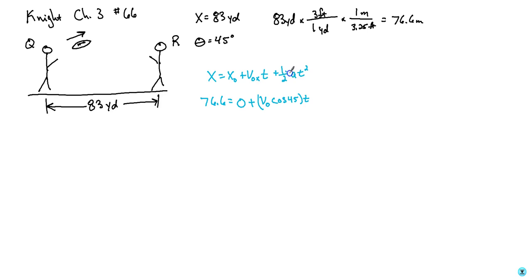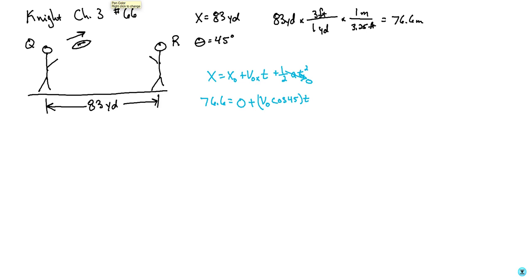And the acceleration term is 0 because nothing is causing it to change its speed in that direction. If we look at what we've got here, we have one equation with two unknowns, so we need a second equation.